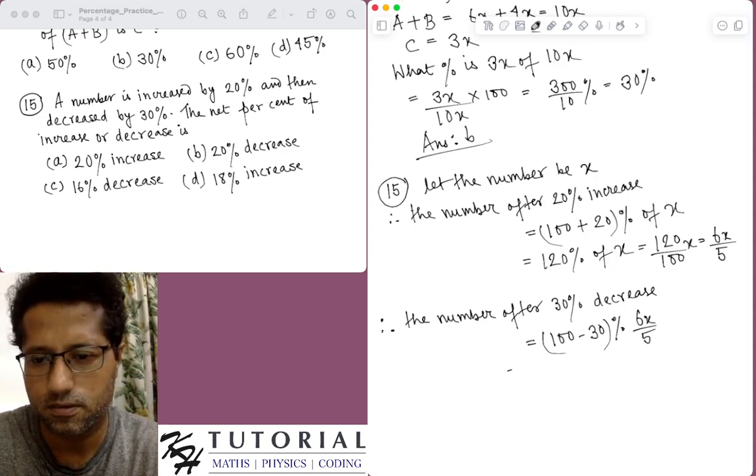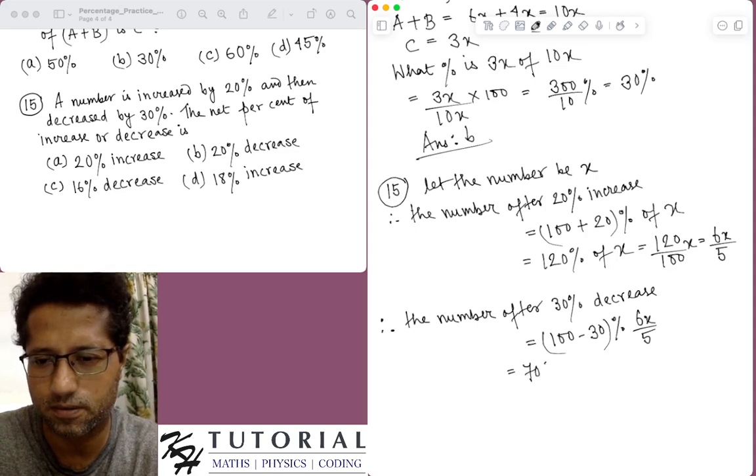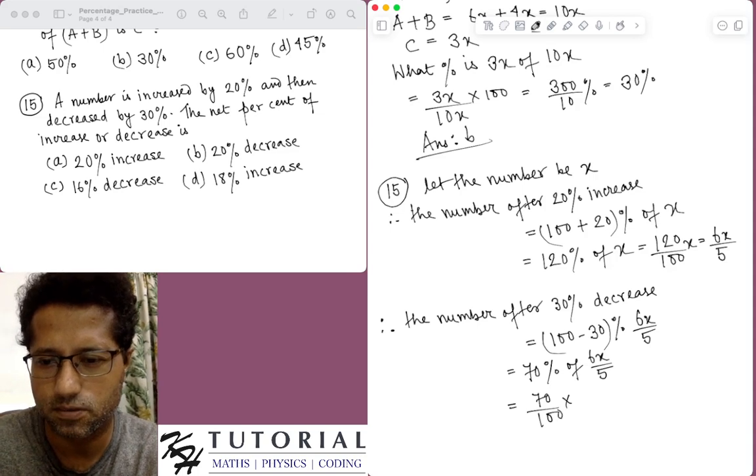So this is 70% of 6x by 5. This is equal to 70 by 100 into 6x by 5.